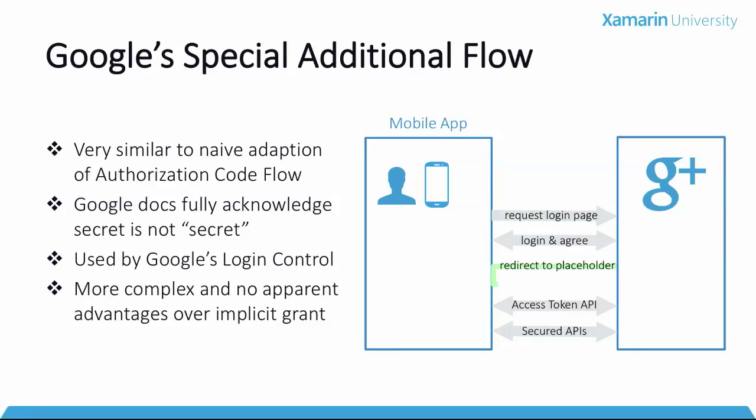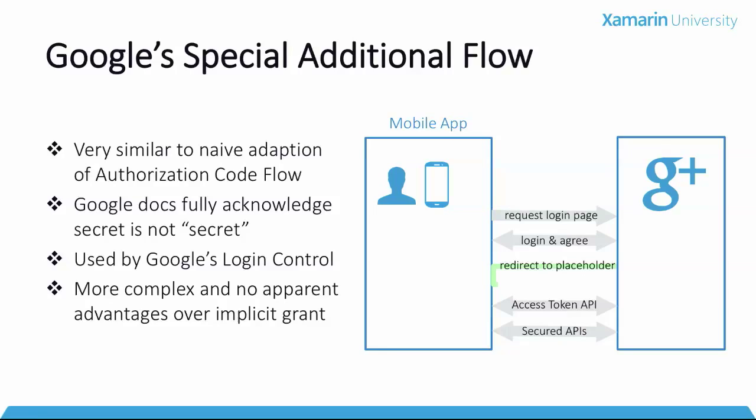So you don't have to worry about being liable. You don't have to worry about the fact that, hey, I put my password in a compromised situation. That secret is generated just for your mobile devices, so you're not going to have to worry about it having anything to do with your other API secrets. And Google acknowledges that it's not a secret.